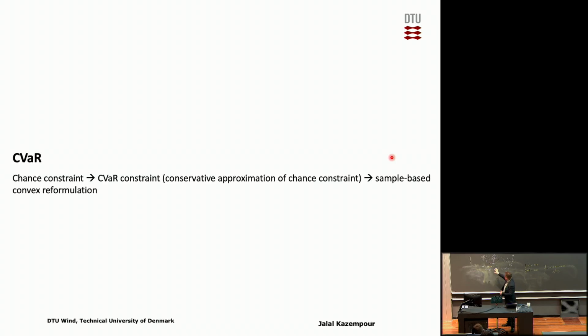The second way to solve this chance constraint problem is to reformulate it as a CVaR constraint. And you remember from the last lecture, CVaR takes care of the magnitude of the tail of the distribution. So by using CVaR instead of chance constraint, you are becoming more conservative than what Energinet asks you.